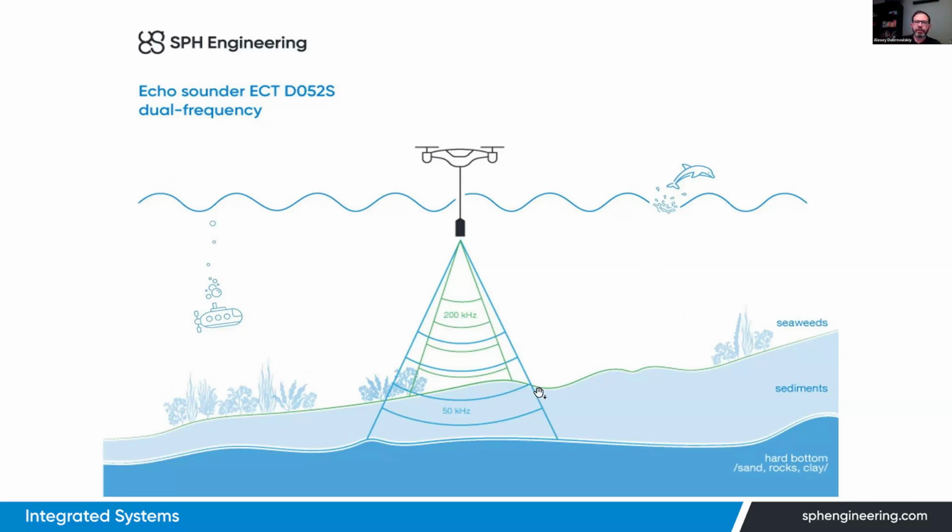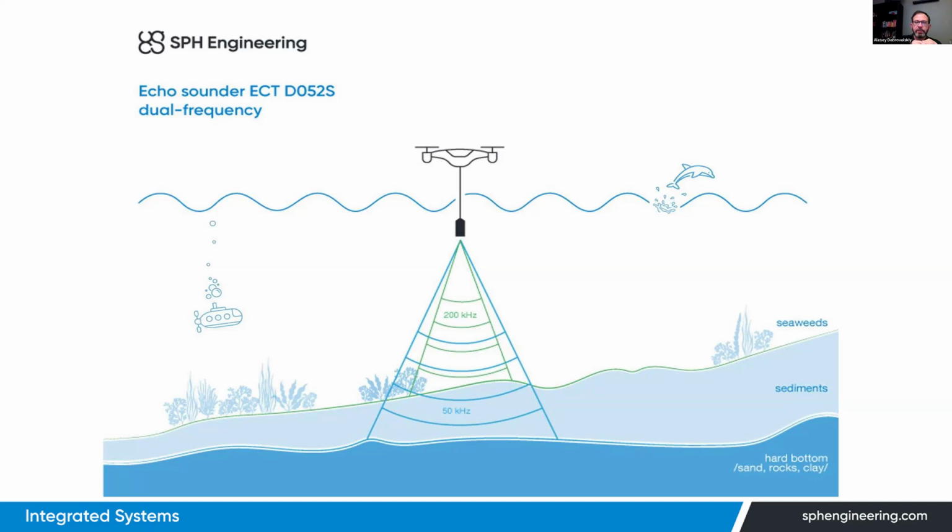One is the reflection, the green line, from the top layer of the bottom, and the second data set, the second plot, we will get from the hard bottom. It is extremely useful because in many cases, the purpose of a survey is exactly to estimate the amount of sediments, for example, when we monitor sediment buildup in ponds.